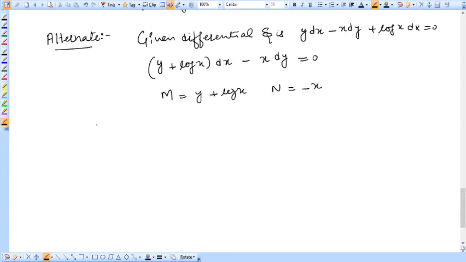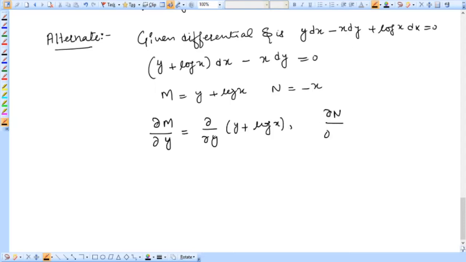So see, what is ∂M/∂y? It is equal to ∂/∂y of (y plus log x), and ∂N/∂x is equal to ∂/∂x of minus x.